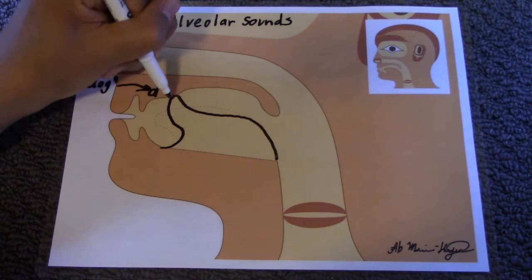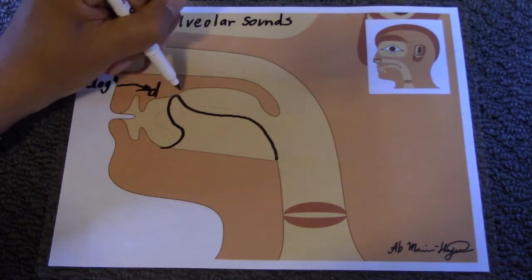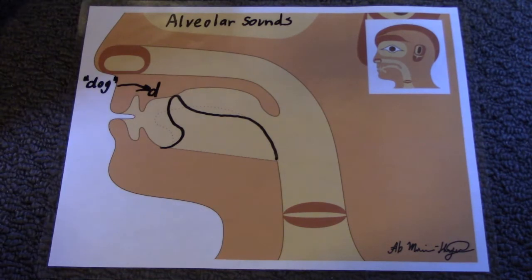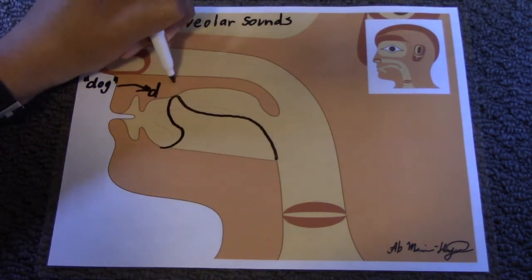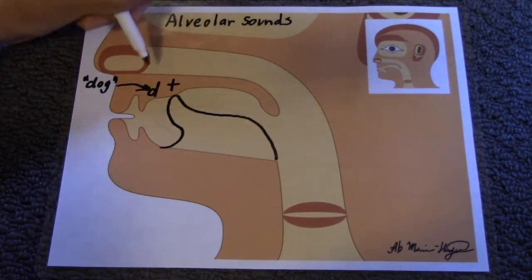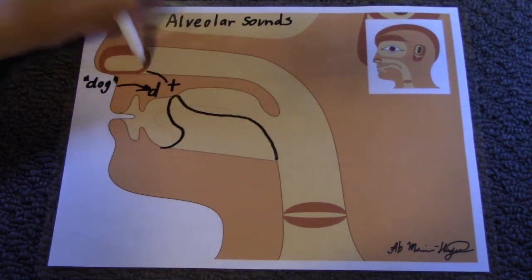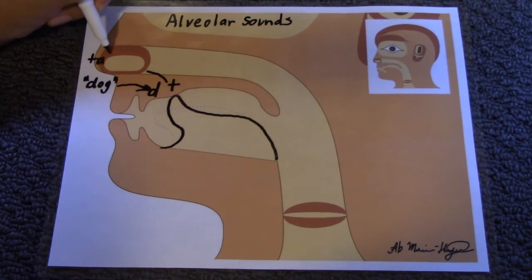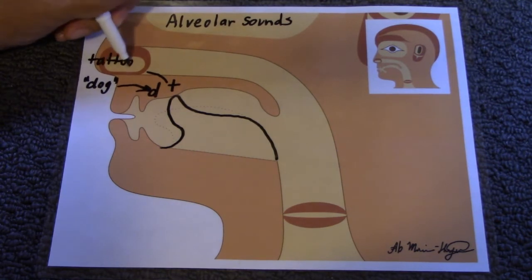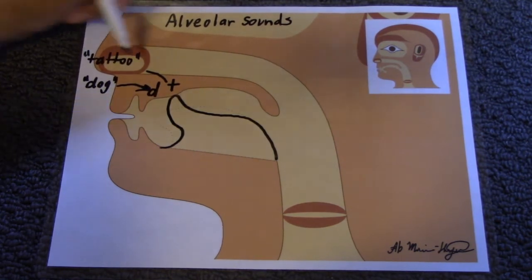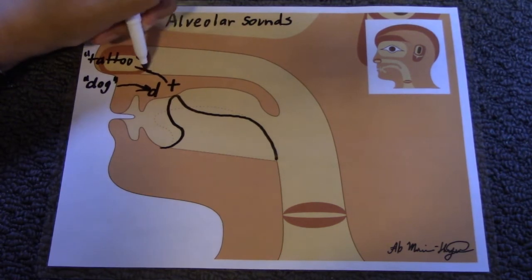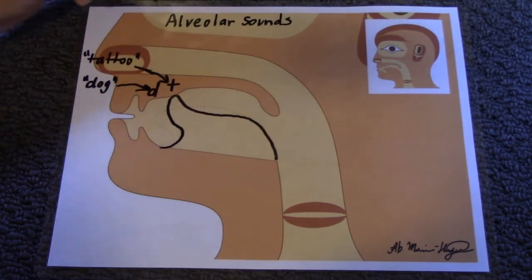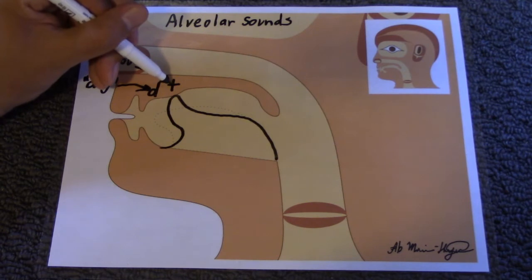So we're taking the tip of our tongue, putting it against the alveolar ridge, makes the D sound. The next letter is T, and that's like the word tattoo in English. So we're making a T sound. T.